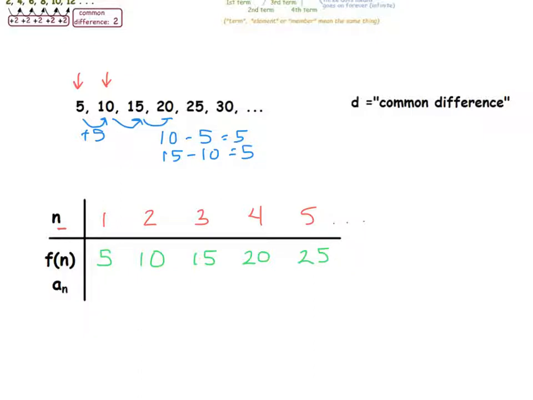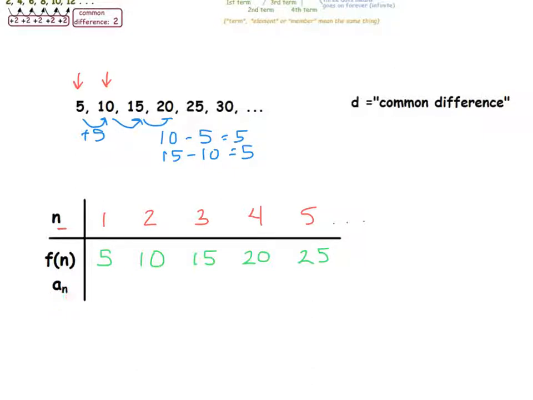And it would continue. You're going to see in the textbook the output, the sequence, in function notation using f of n. I'm going to detour from that, and I want to show you what typically all other textbooks and all your higher math classes are going to use, this other notation. It's going to use a sub n. The a stands for a sequence, and the subscript n is your input.